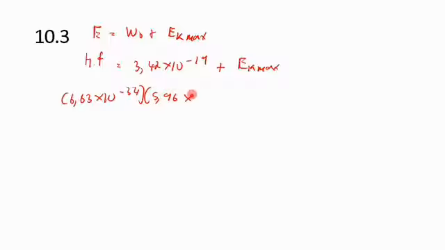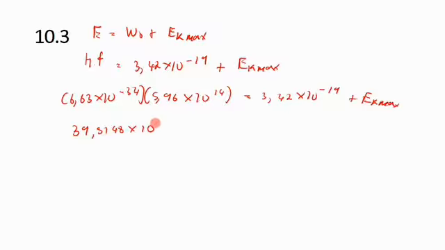5.96 times 10 to the exponent of 14, and then equals 3.42 times 10 to the exponent of negative 19 plus EK max, right? Then calculating this one, we have 39.5148 times 10 to the exponent of negative 20.